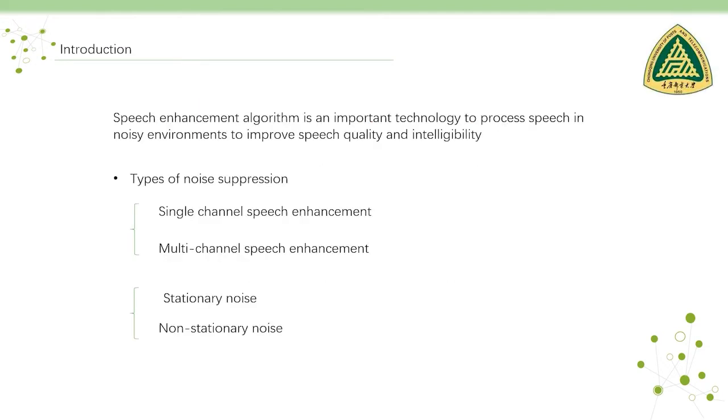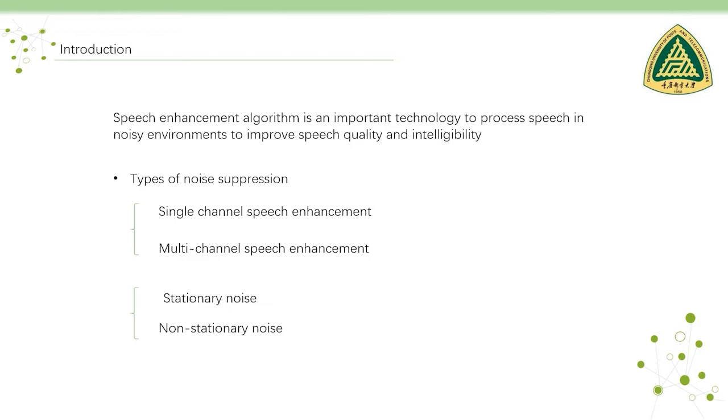First of all, let me introduce what speech enhancement is and the types of speech enhancement. Speech enhancement algorithm is an important technology to process speech in noisy environments to improve speech quality and intelligibility.